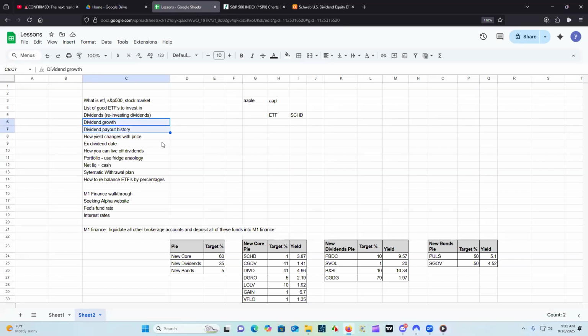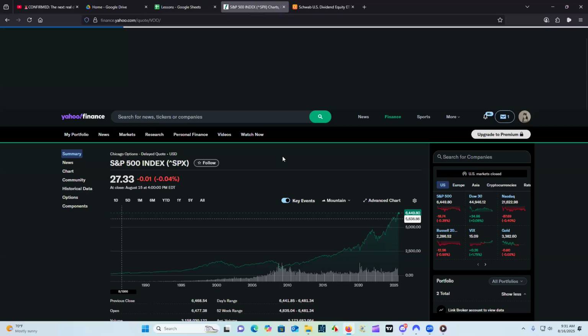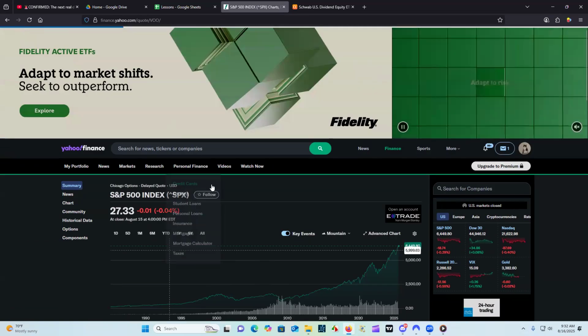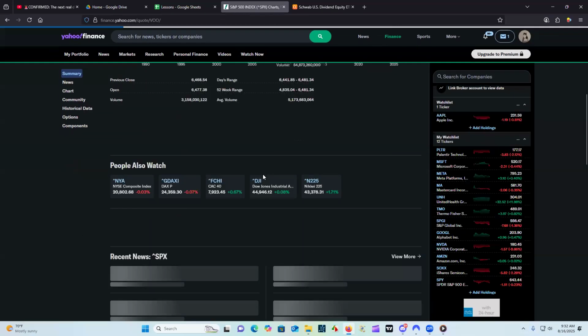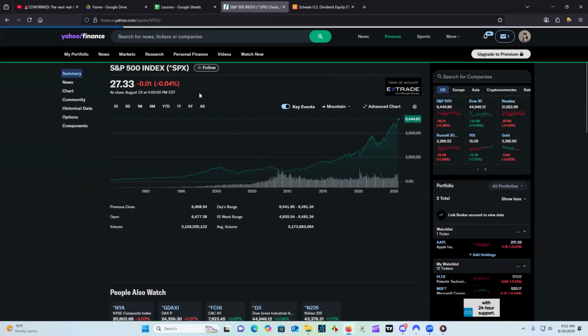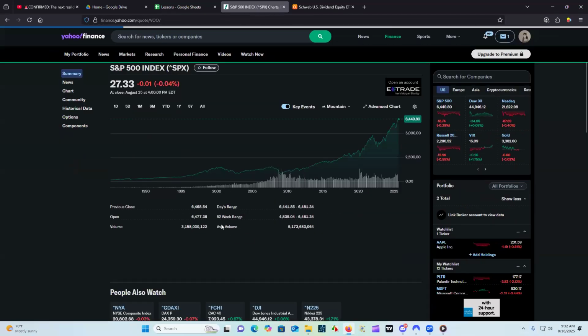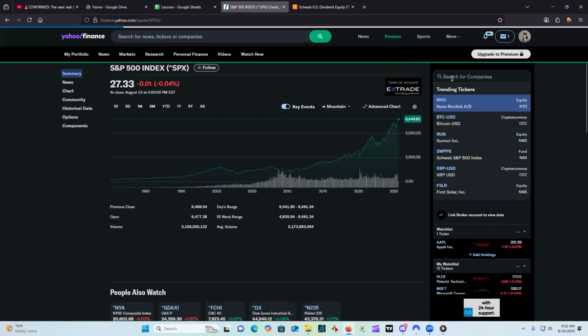Okay, so we covered that, and then one other thing is, let's look at the chart here. As the dividend yield, it shows you in the summary. Well, this is the S&P 500 index. I don't know why it's not showing here. It should show, but let's look at SCHD.